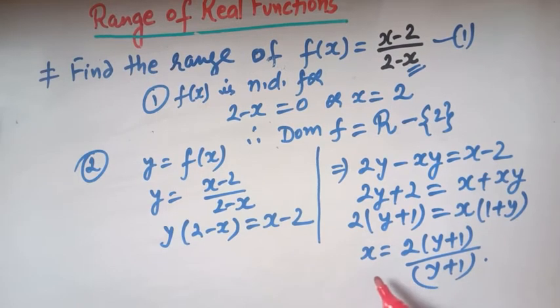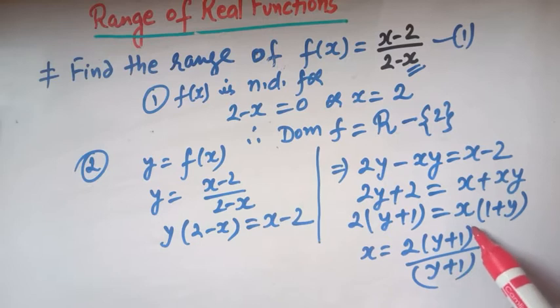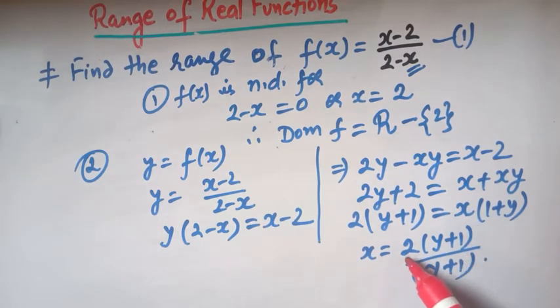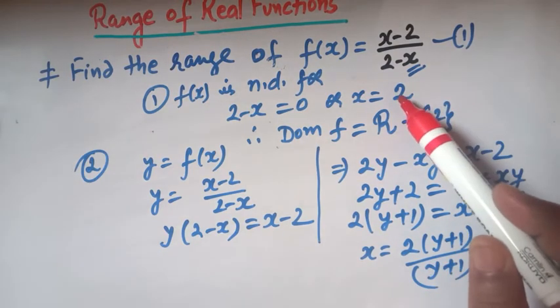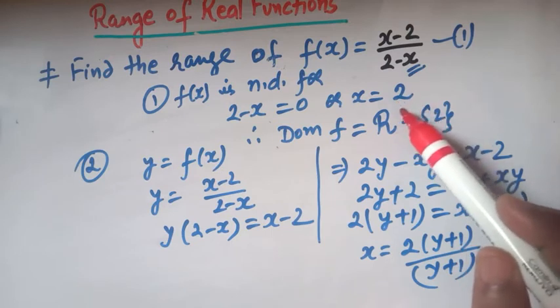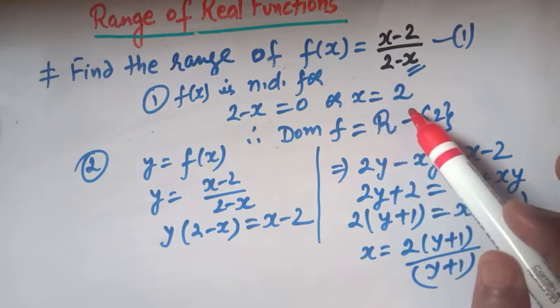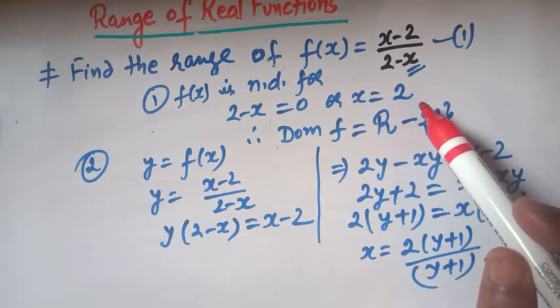Now, viewers, this is also a very interesting case here. If I cancel out y plus 1 and y plus 1, I am going to get x is equal to 2. But in the domain, we have seen that x is equal to 2 cannot be taken. Clear?